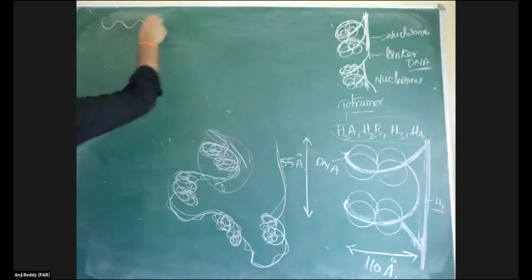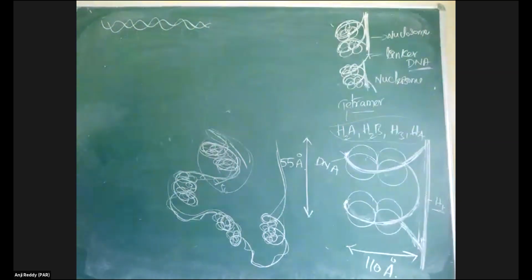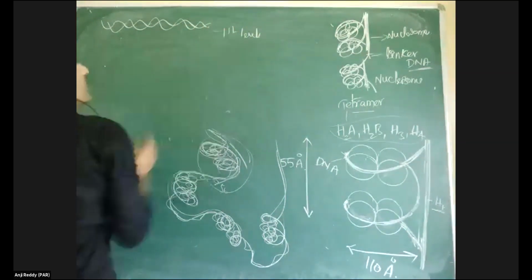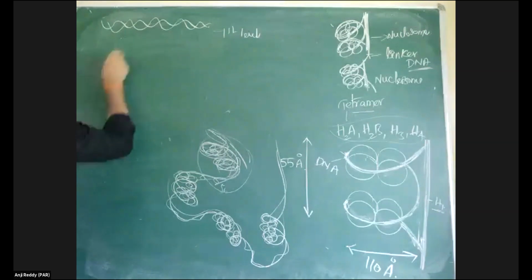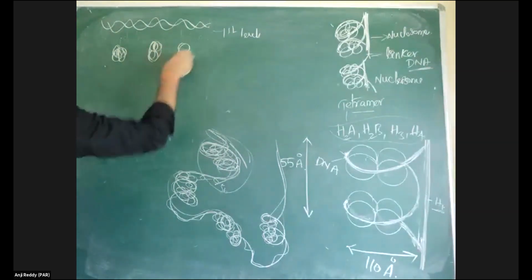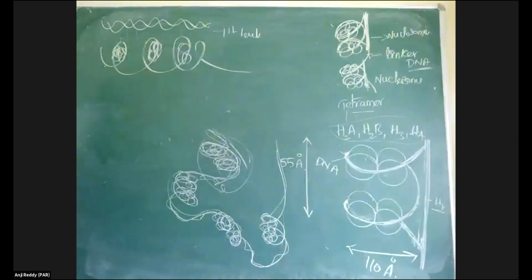Normally a double stranded DNA molecule is there if free DNA is there. This is first level. Then the DNA molecule will be there with histone proteins as beads on string like this.